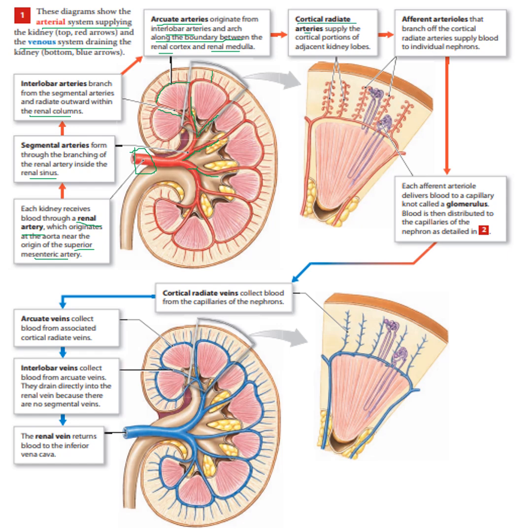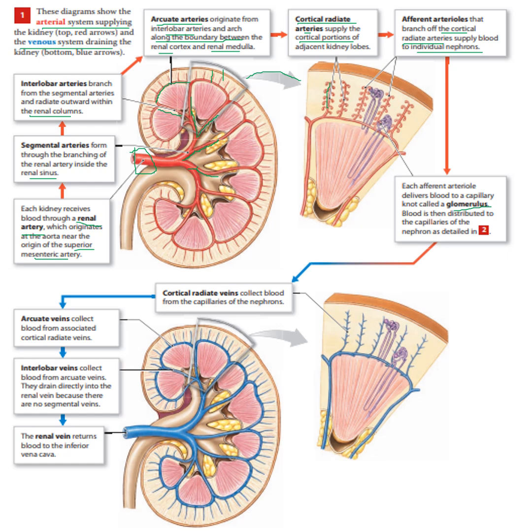These are the cortical radiate arteries, magnified here, which supply the cortical portion of the adjacent kidney lobes and give rise to the afferent arterioles that branch off from the cortical radiate arteries and supply blood to the individual nephrons. Each afferent arteriole then divides into many capillaries which form the glomerulus, a capillary bundle.